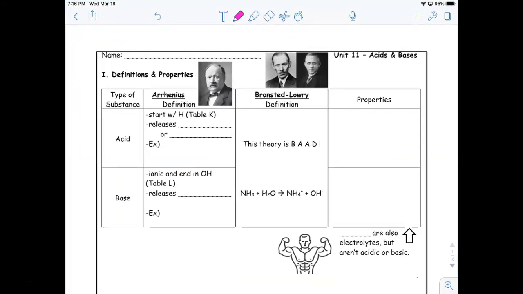I'm going to get a pen here. Okay, so Arrhenius is this guy, and he defined bases that way and acids. If it starts with H, another way of saying that is that it releases hydrogen or hydronium.